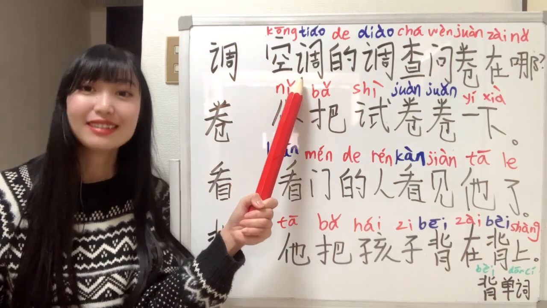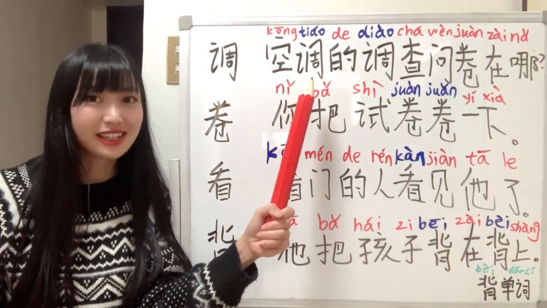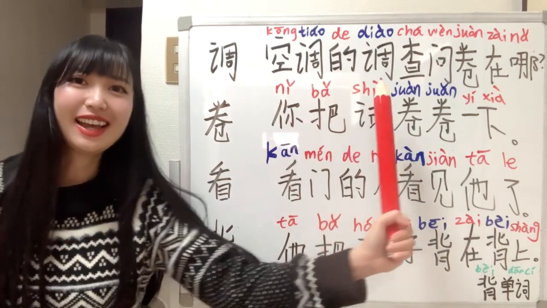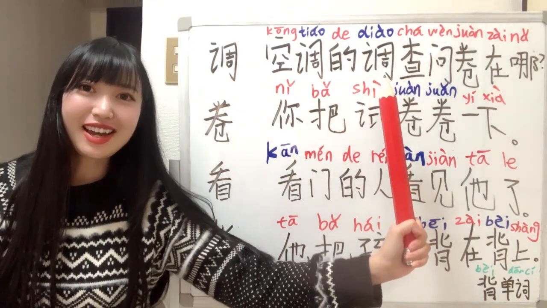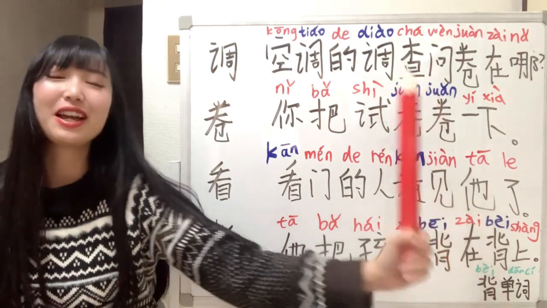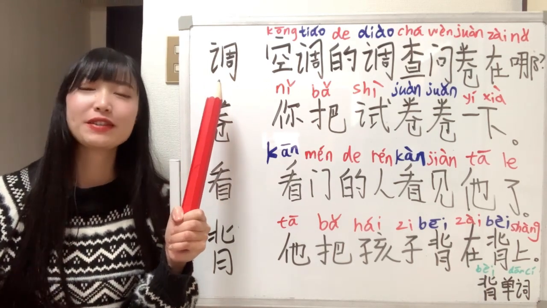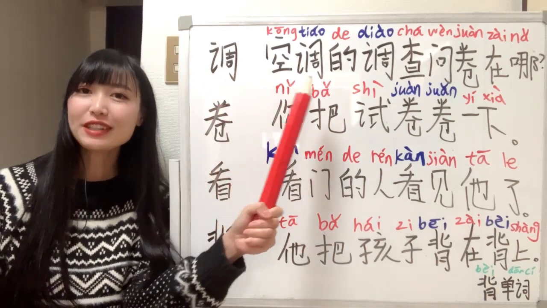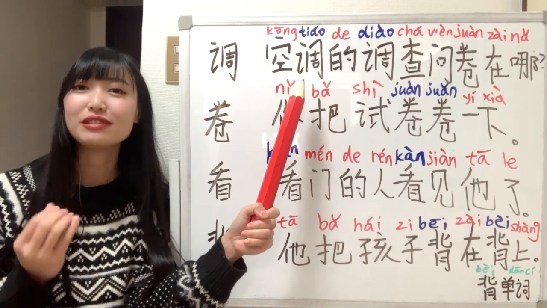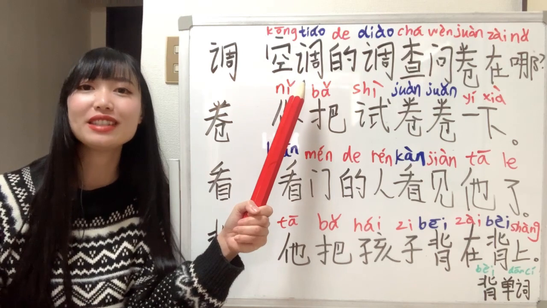One is 调, 空调. Second, 调查. Okay, so this character has 2 pronunciations, and 空调 is a noun, meaning air conditioning.